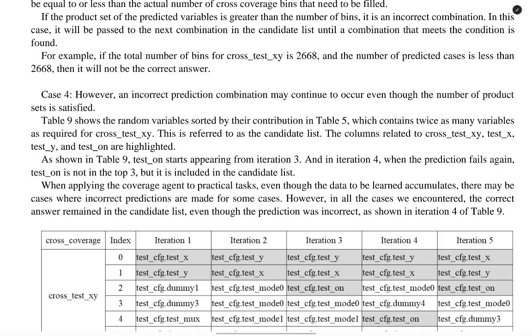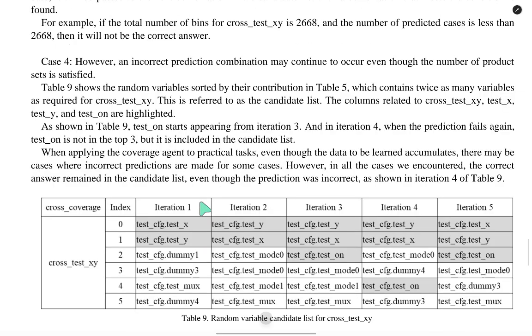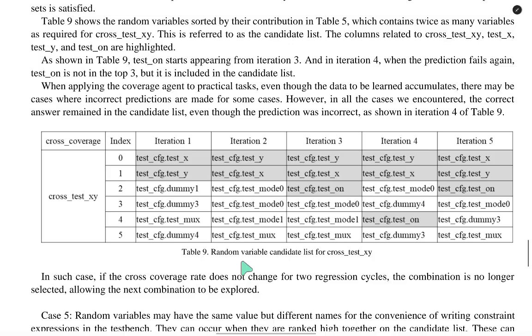When applying the coverage agent to the practical task, even though the data to be learned accumulates, there may be cases where incorrect predictions are made. However, in all the cases we encountered, the correct answer remained in the candidate list even though the prediction was incorrect, as shown in iteration 4 of Table 9, random variable candidate list for cross test XY.